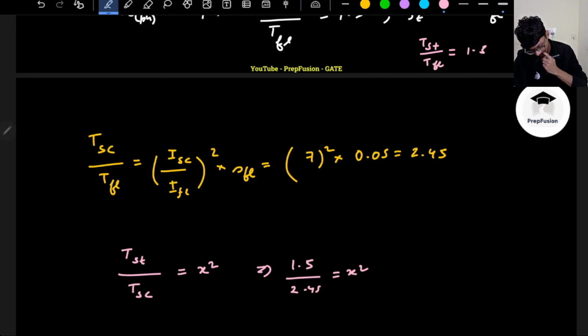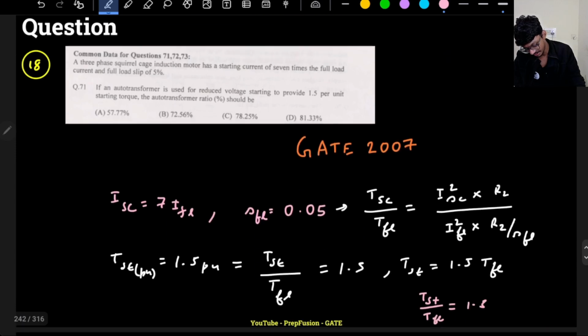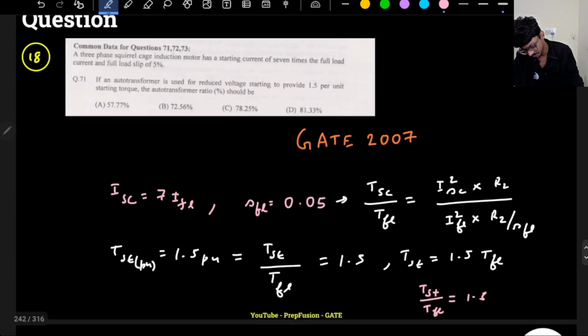So basically from here I can directly say what my x is, the under root of that, which will be 0.782. So this much amount of tapping I need to provide. So 78.25%, which is C. C is the answer for this particular question.